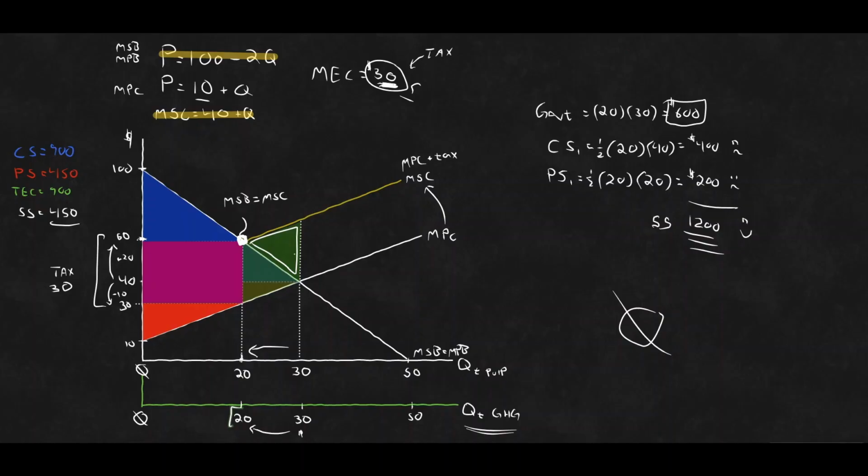And in that way, we can find a socially optimal level of pollution, which would be attached to our socially optimal level of production. Hope that made sense to you.